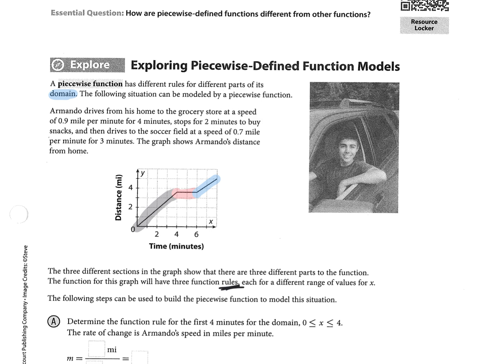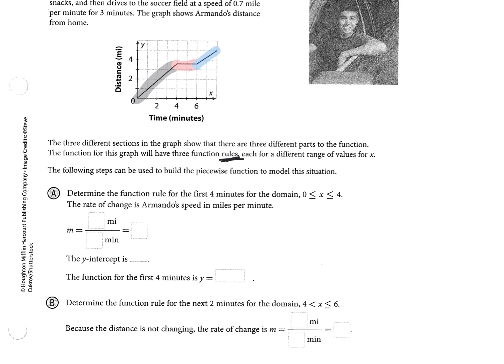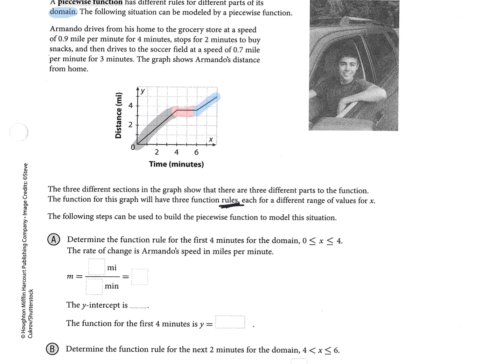It says the following steps can be used to build the piecewise function to model this situation. Determine the function rule for the first 4 minutes, for the domain from 0 to 4, that first gray chunk. The rate of change is Armando's speed in miles per minute.